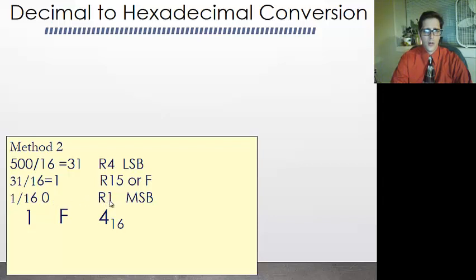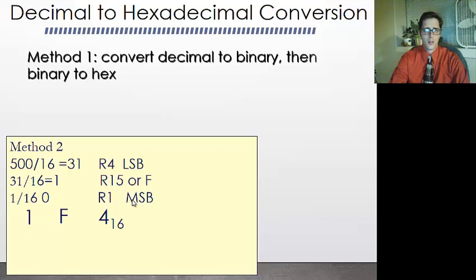We get remainder of 1, with that being our most significant bit. So we have 1F4, and that is in hexadecimal. And that's the same process, we just had to do long division to get there.